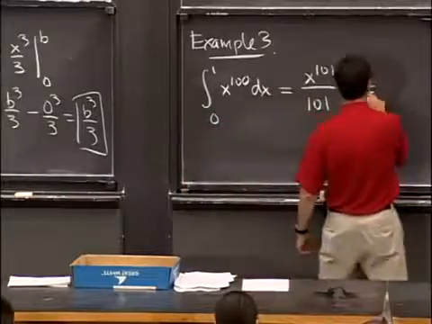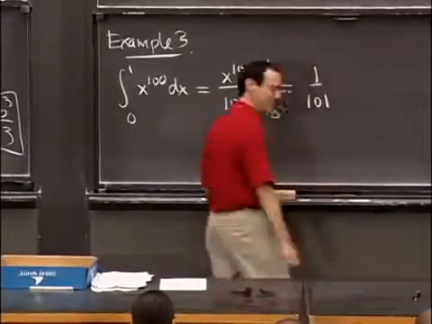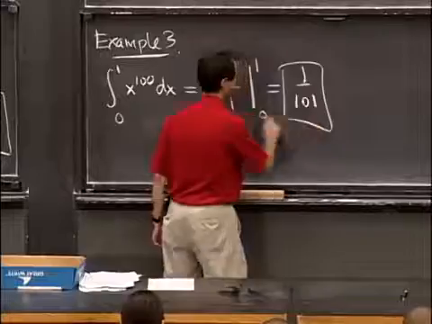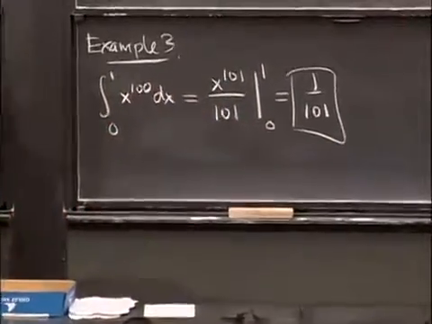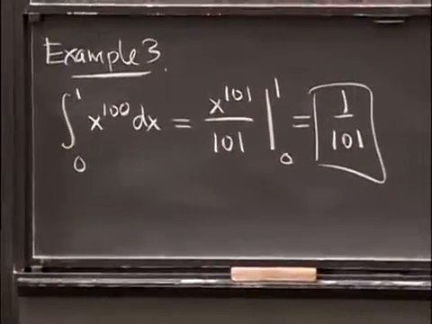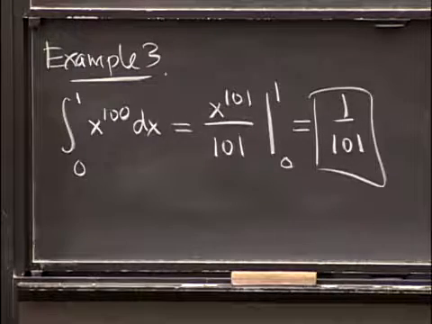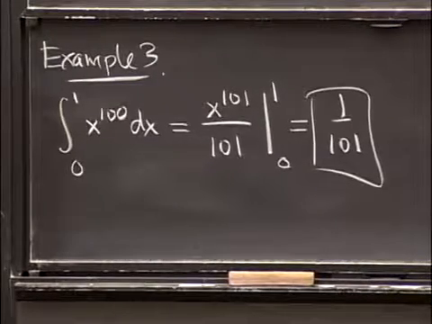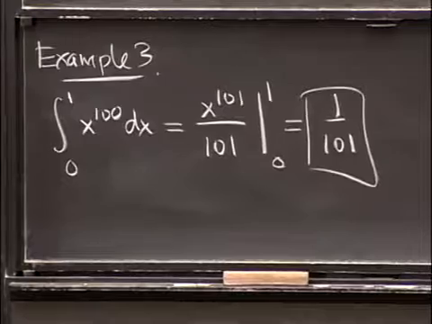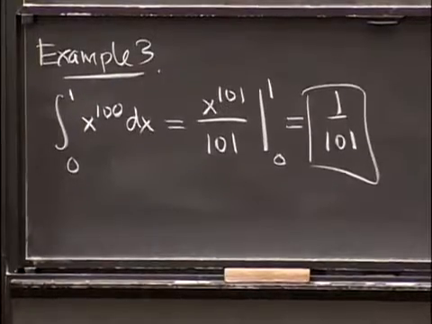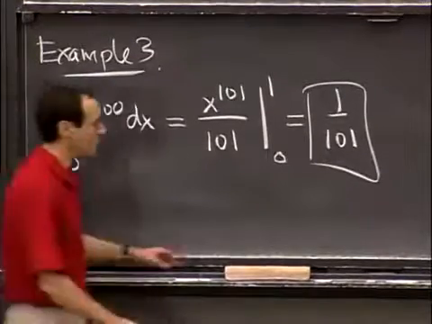And that is just 1 over 101. OK? That's that. All right. So that's the fundamental theorem. Now, this, as I say, harnesses a lot of what we've already learned all about antiderivatives.